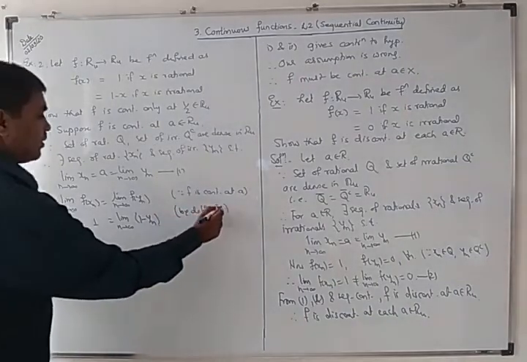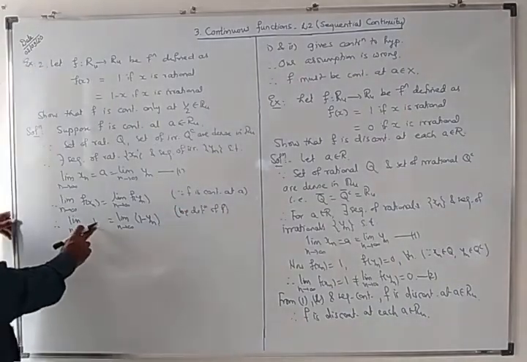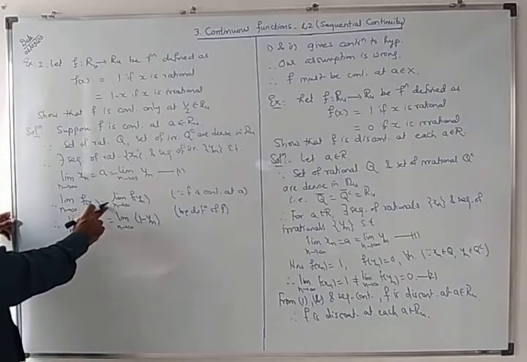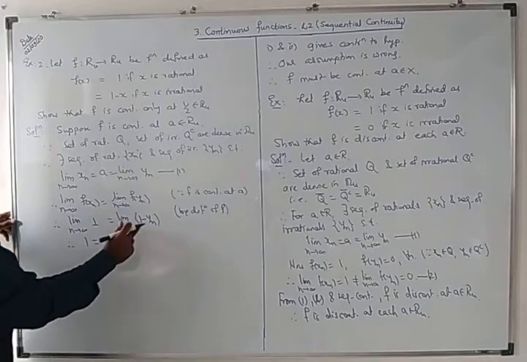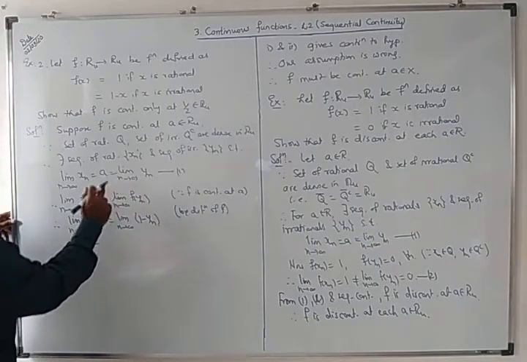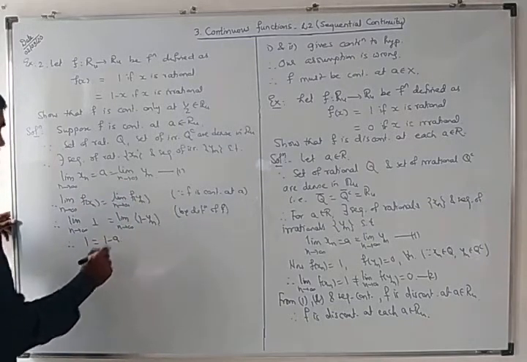Now 1 is a constant sequence, 1, 1, 1, 1, it converges to 1, and yn converges to a, so we get 1 minus a here.